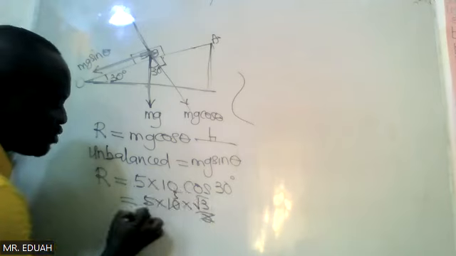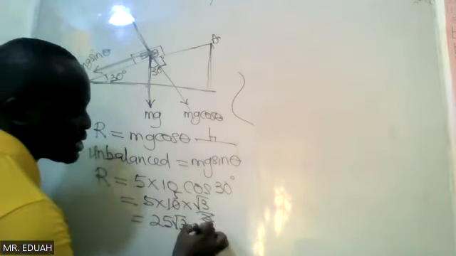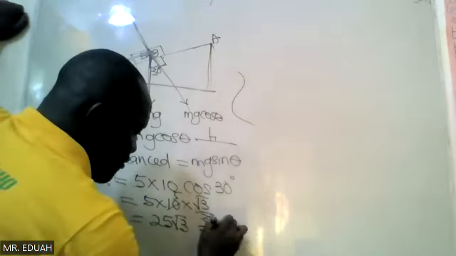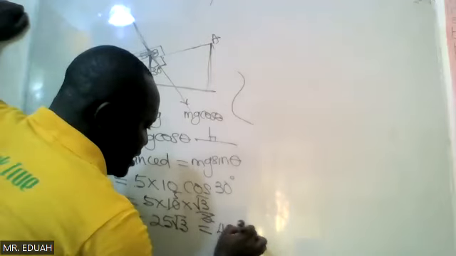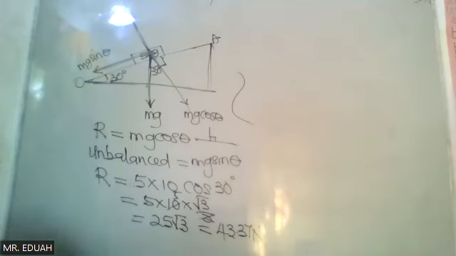And this is 5, so we have 25 root 3. Class, what is 25 root 3? 43.30. 43.30 Newton. That is the reactional force.